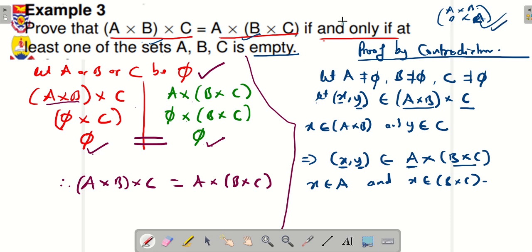We have proven this in our example 2. So now let's see something.